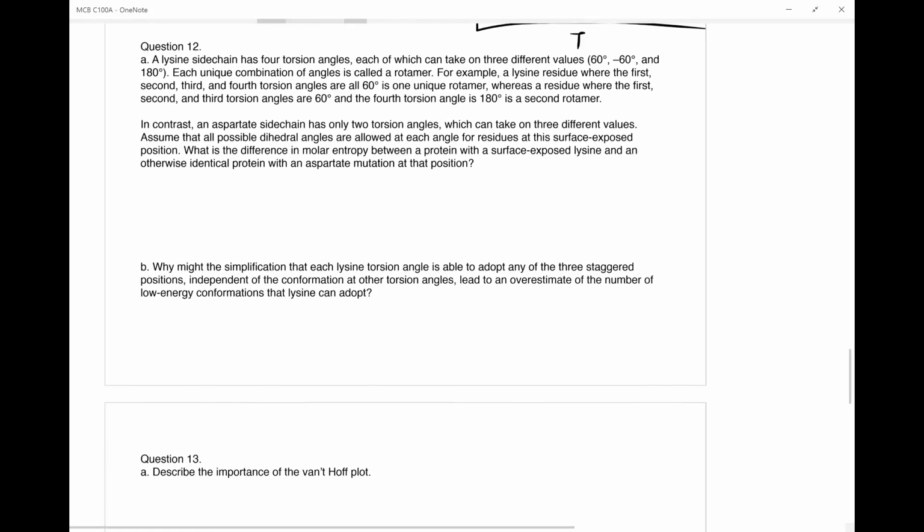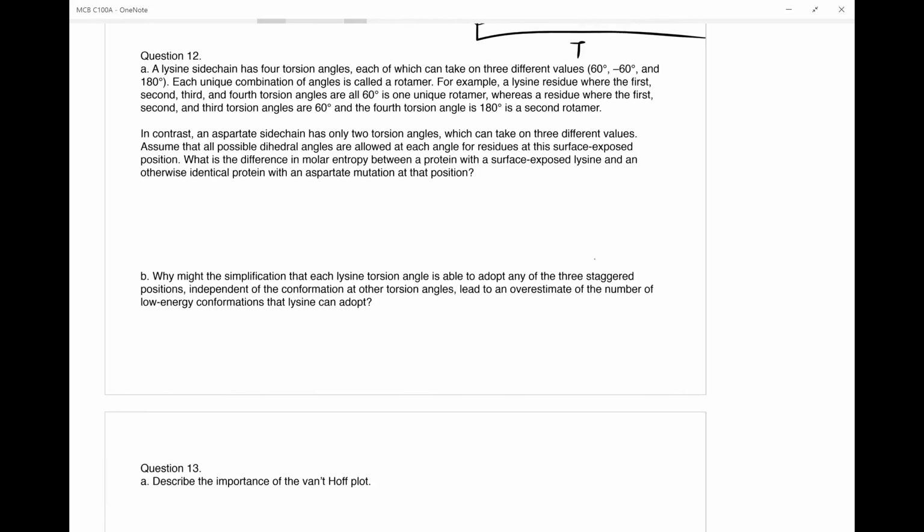So we're asked to calculate the difference in molar entropy. And thinking back to multiplicity, if you look at the lysine, there are going to be 3 possible values that it can take on in 4 torsion angles.